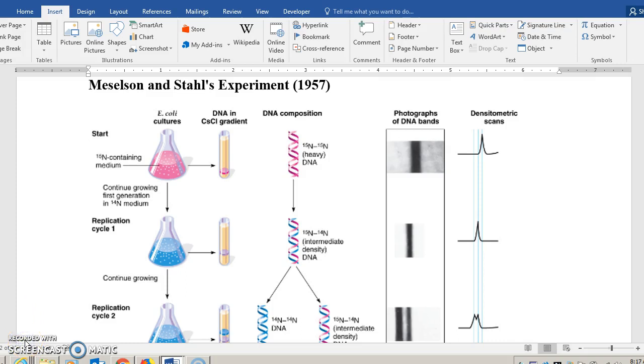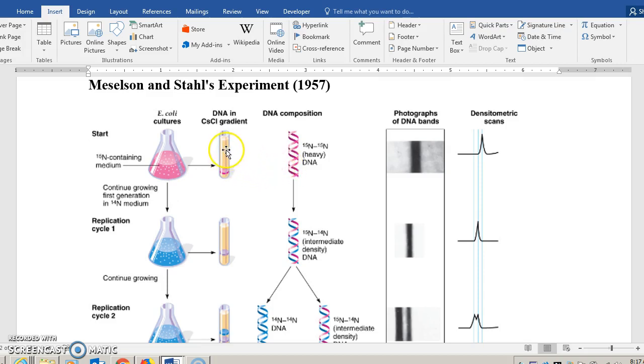What Meselson and Stahl's group did, they labeled the DNA with a radioisotope of nitrogen. They called it heavy nitrogen because it's a little bit heavier. It was nitrogen 15 versus nitrogen 14. They replicated DNA so that all their DNA that they're working with was nitrogen 15 DNA.